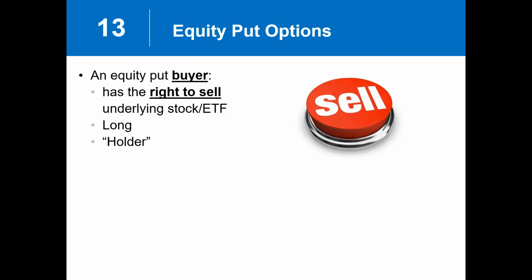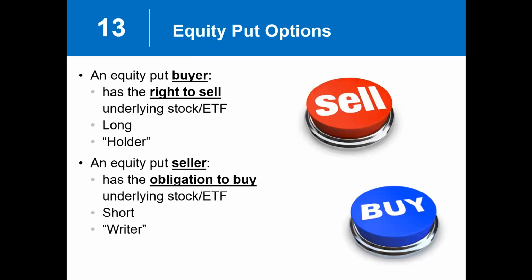Now, on the put side, the put buyer has the right, or he buys the right, to actually sell the underlying stock, index, or ETF. Again, long or the holder of that put. Now, equity put sellers take on the obligation to potentially buy the stock.